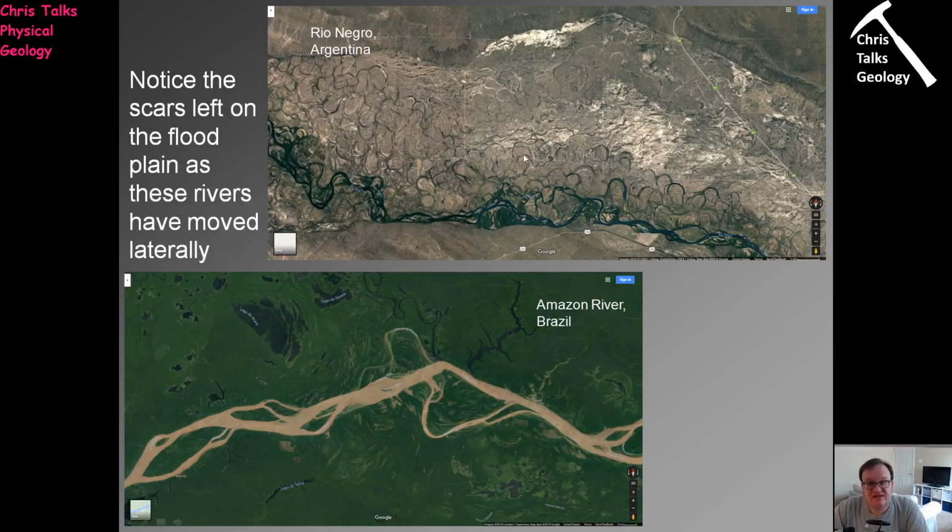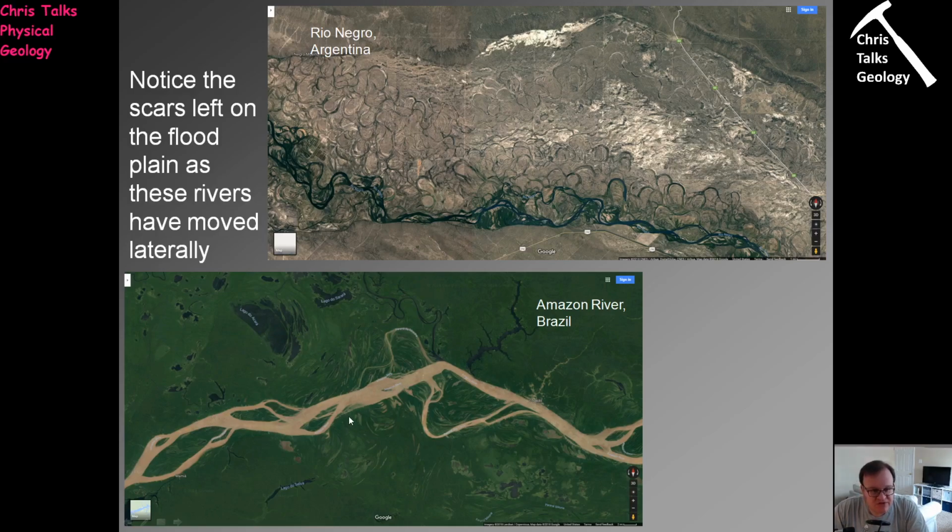So here you can see this is that situation. Here's a lovely example from Argentina. You can actually see all the old meanders from where the river has been flowing in the past. This entire area here is the floodplain, and you can see over time the river's been moving across the floodplain backwards and forwards. You can see the same kind of thing here. This is the Amazon River in Brazil.